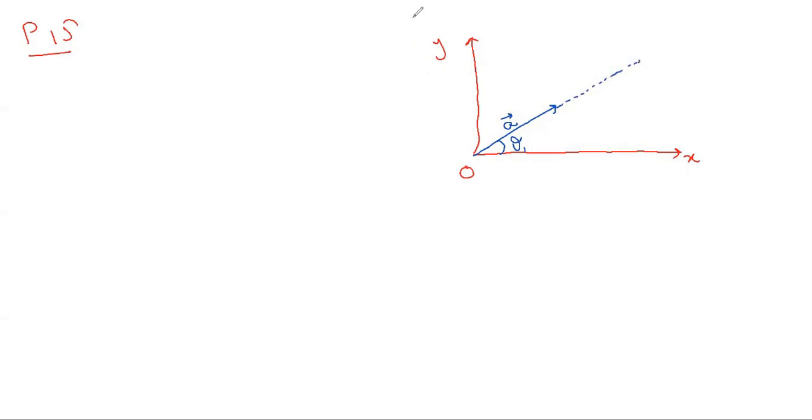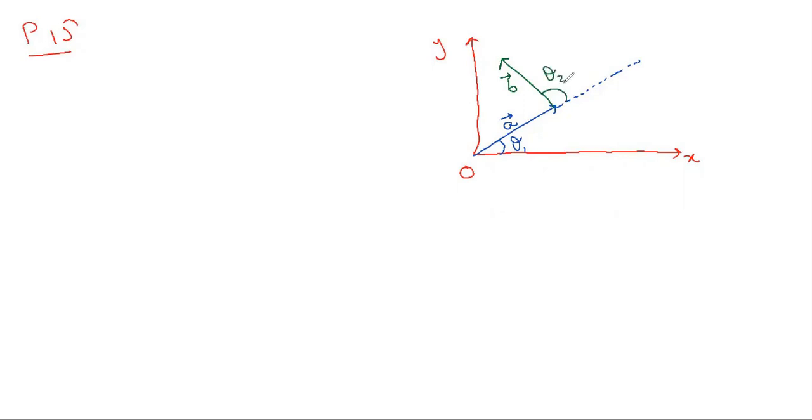Now I will draw the vector B. This vector B is given in this direction, and this is the angle theta 2.